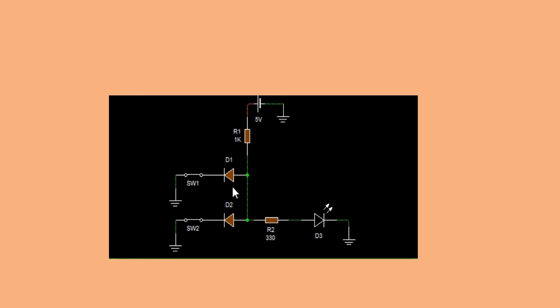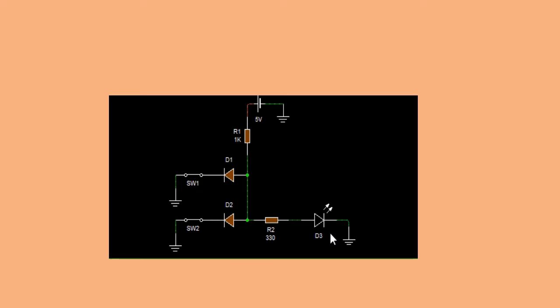Because the diodes D1 and D2 are connected directly to the ground through the switches, the current passes into the ground through the diodes. Therefore, no current will flow through this branch and thus LED will not glow. It is in off condition. So, when both inputs are at logic low state, we get output 0.